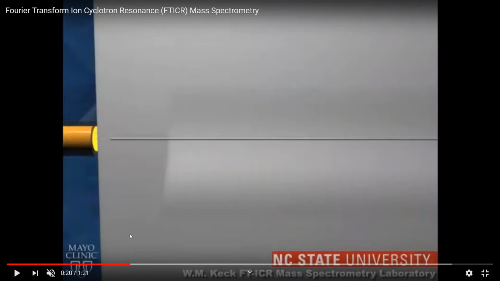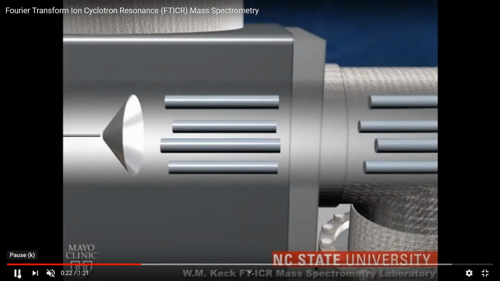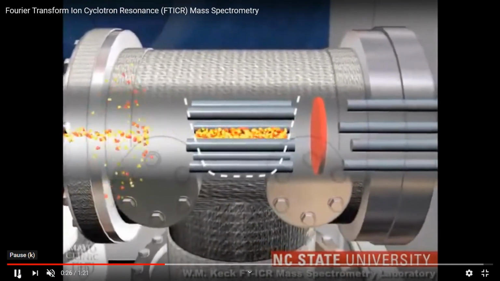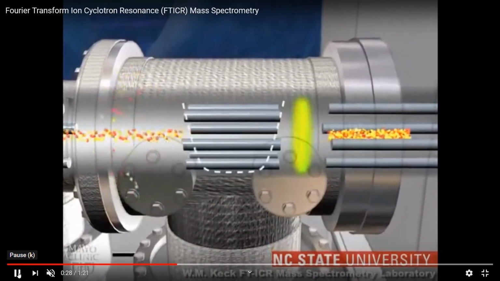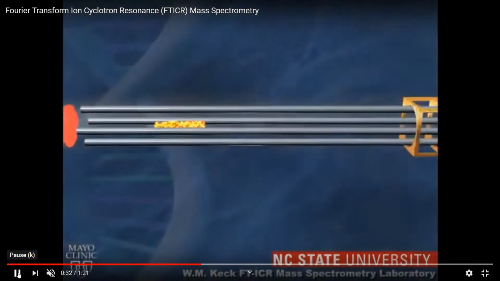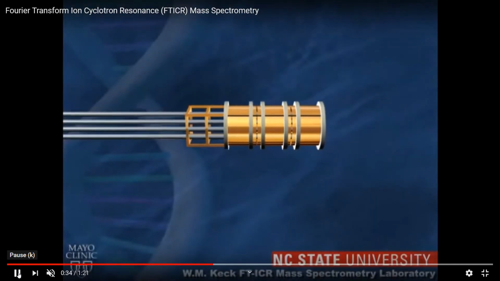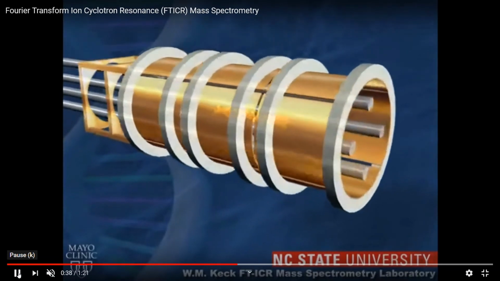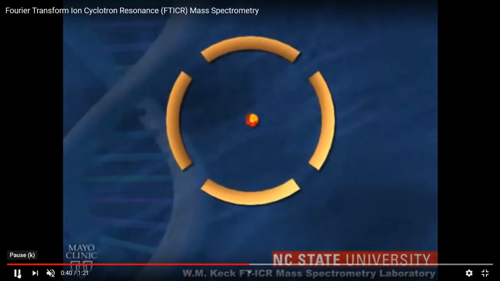So this is our FTICR mass spectrometer, and we are going to generate an ion beam that passes through a series of quadrupoles, and then we want to generate an ion packet. And this ion packet is then sent down into the ion cyclotron region.